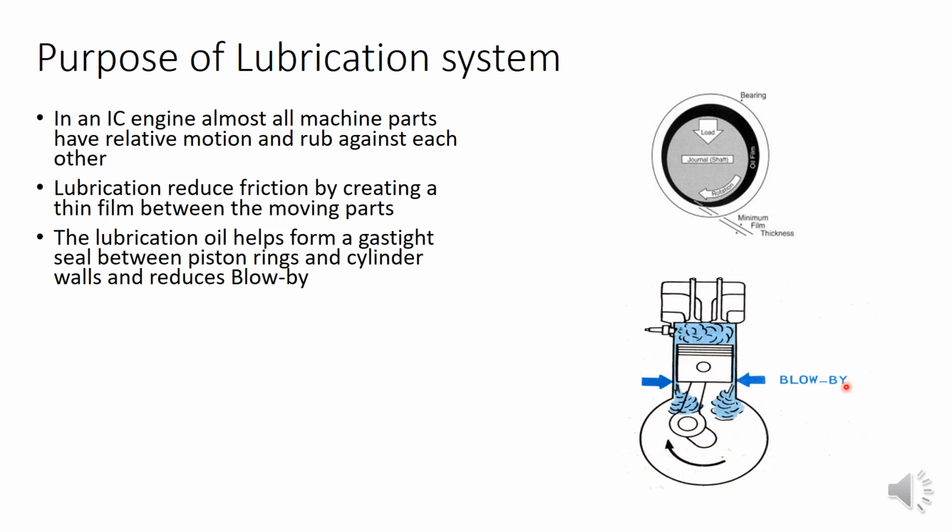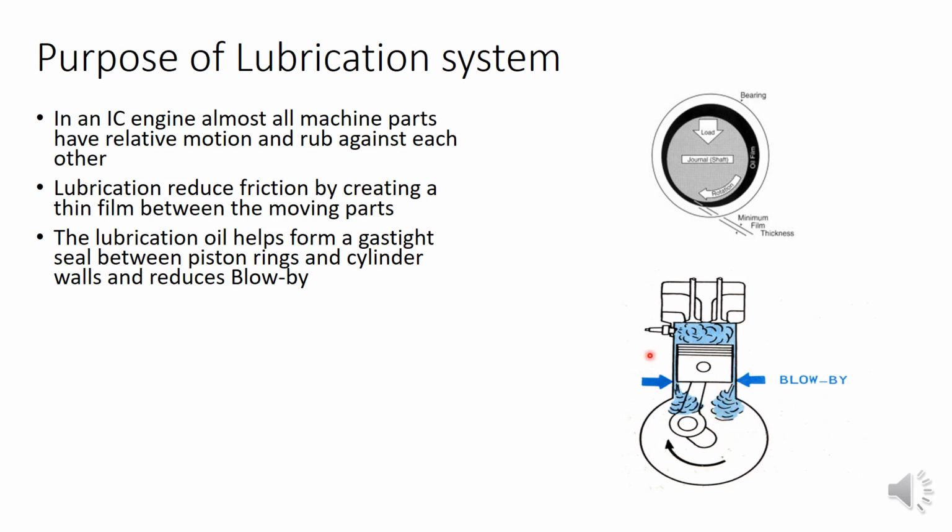It is a loss in a 4-stroke engine, but in 2-stroke engine the working already takes place in the crankcase, whereas in 4-stroke engine there is no working in the crankcase. So there is a chance of leakage of the gas from here to this crankcase. That is known as blow by.